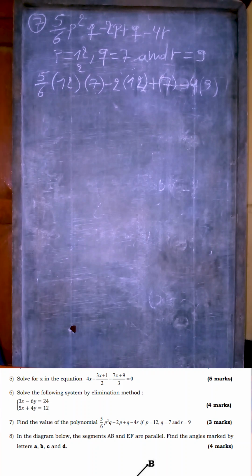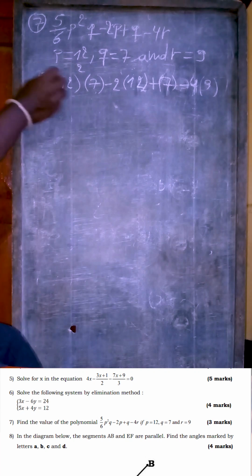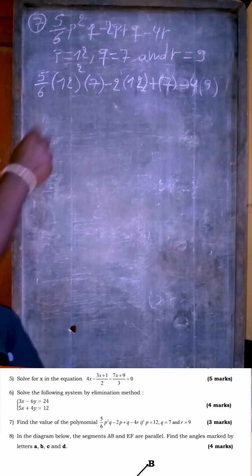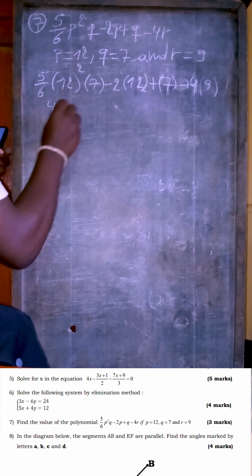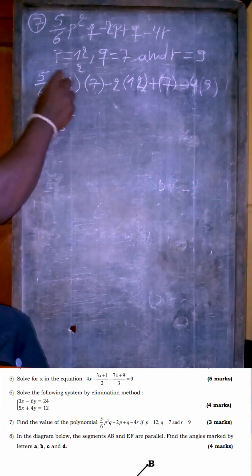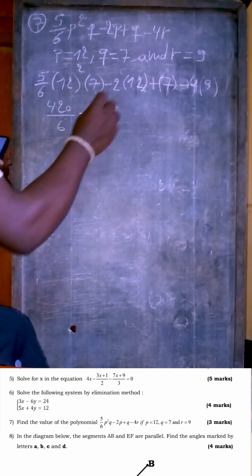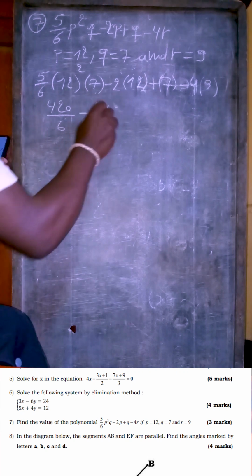We can use the calculator, there is no problem. Here we can take 5 times 12 squared times 7. That is equal to 5040 over 6, minus 2 times 12 is 24.